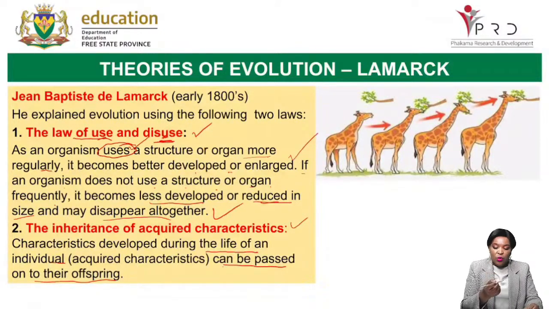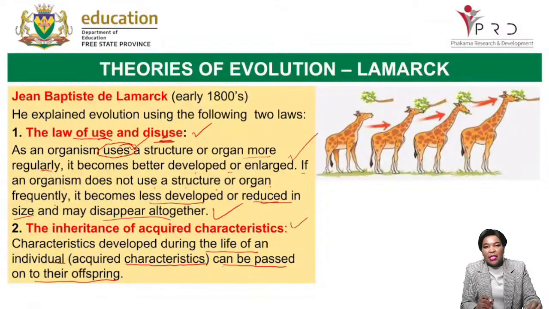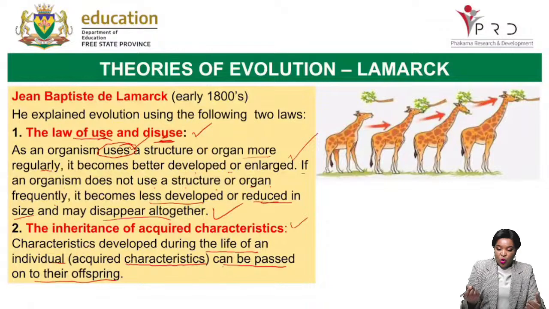And I want you to take note of that. Here we are talking about characteristics. We are not talking about an allele. So this is different from Darwin, because Darwin is talking about an allele, but Lamarck is talking about characteristics. So whatever you see on the outside, the trait is going to be passed on to the offspring. Right. So that is what he says.